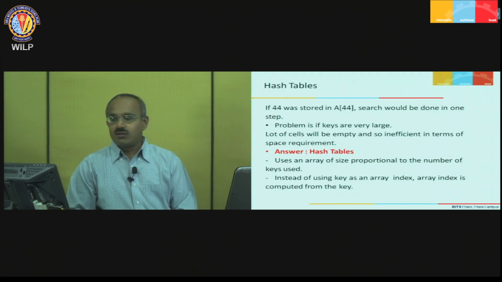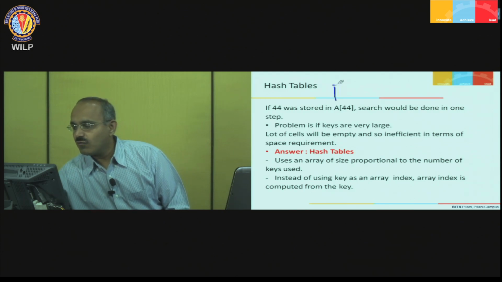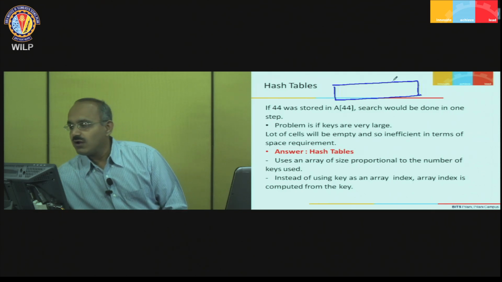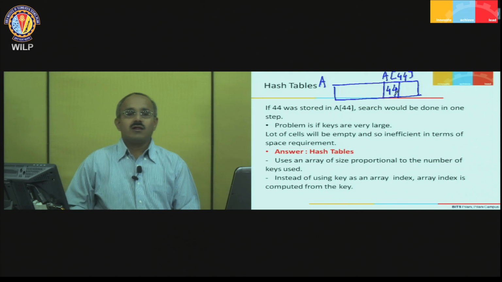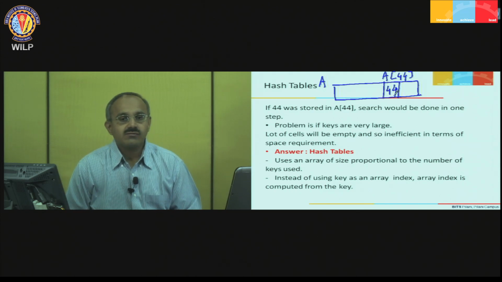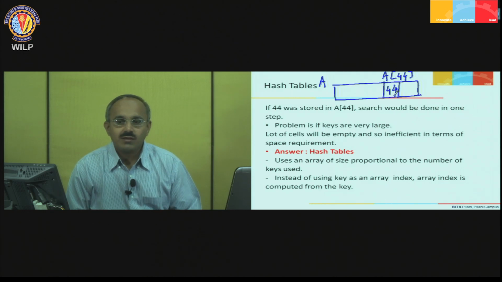What we mean is, if you have an array which is big enough, and this is my array A and this is my 44th location, A[44], and if I store 44 here, then your access will take only one step, that is, constant time.